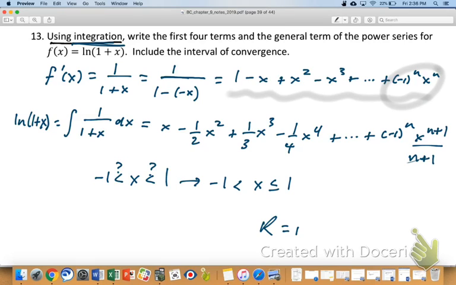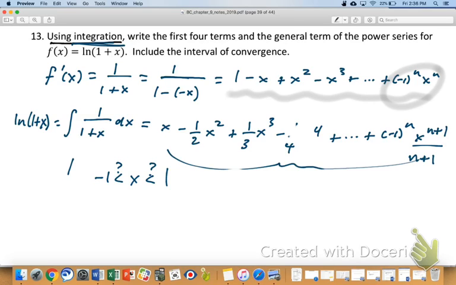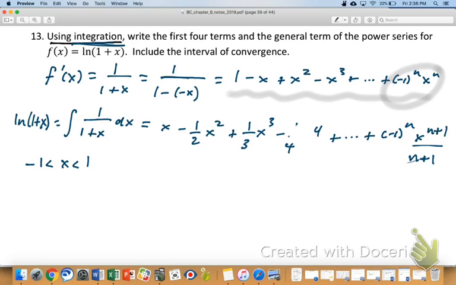Sure, let's do it. So I would start here, -1 to 1, and I don't know about the endpoints.